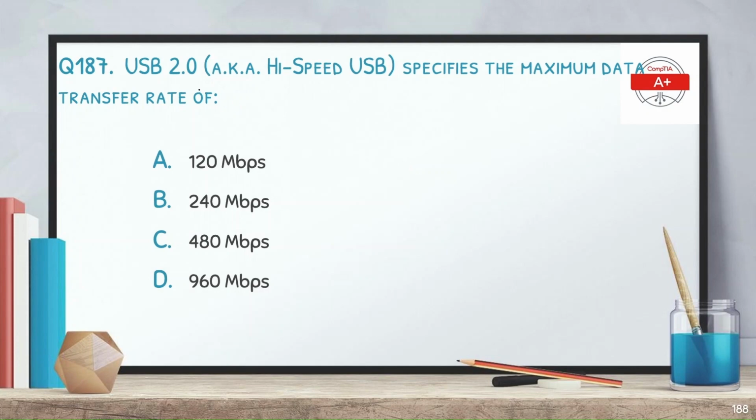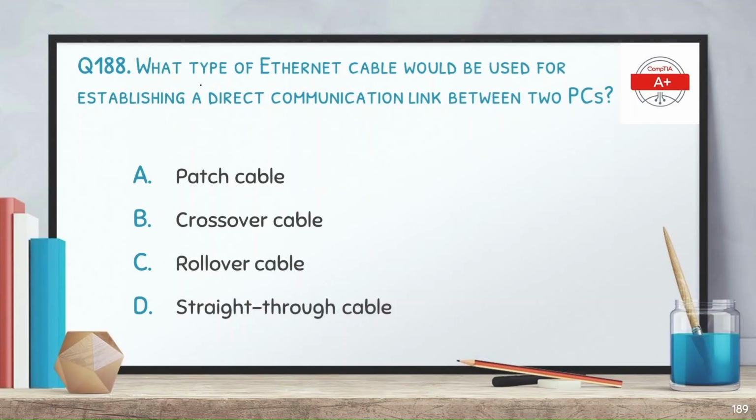Question number 187 is, USB 2.0, also known as high-speed USB, specifies the maximum data transfer rate of, and the options are A 120 Mbps, B 240 Mbps, C 480 Mbps, and D 960 Mbps. The correct option is 480 Mbps. Question number 188 is, what type of Ethernet cable would be used for establishing a direct communication link between two PCs?